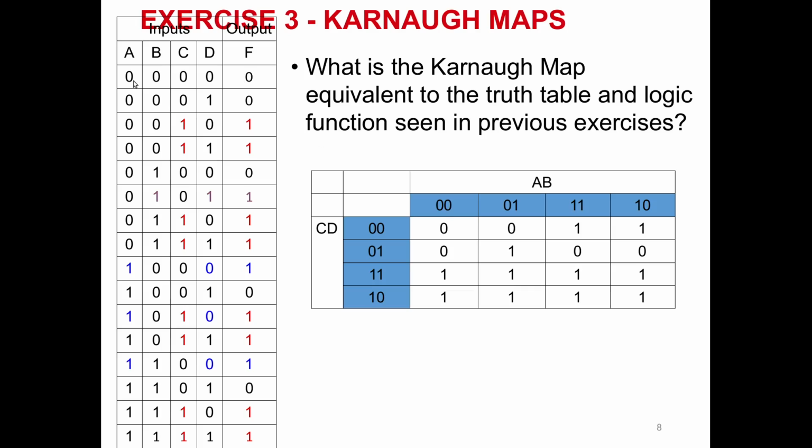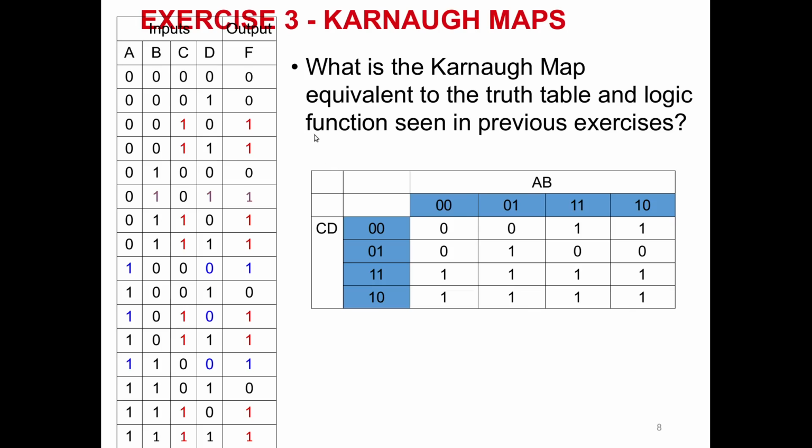The next one, A, B, C, D is 0 0 0 1, and the output is 0. So here 0 0 0 1, the output is 0. Similarly, we will fill all 16 elements of this table.